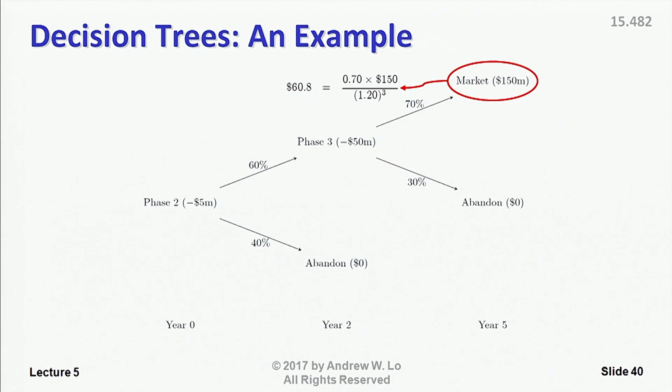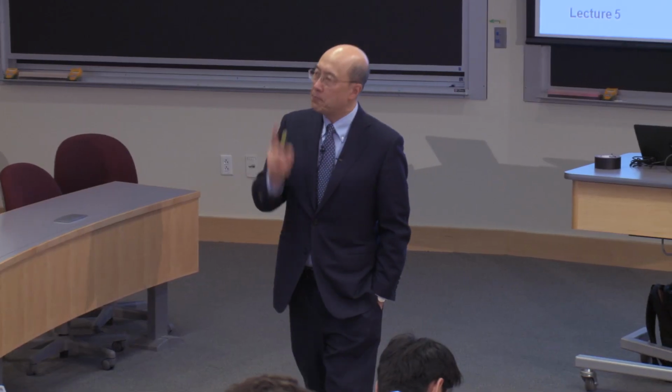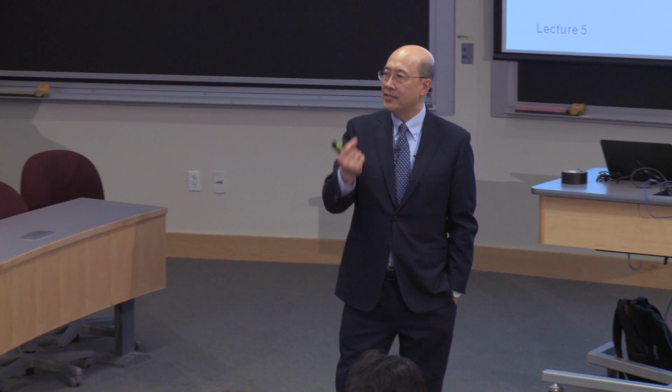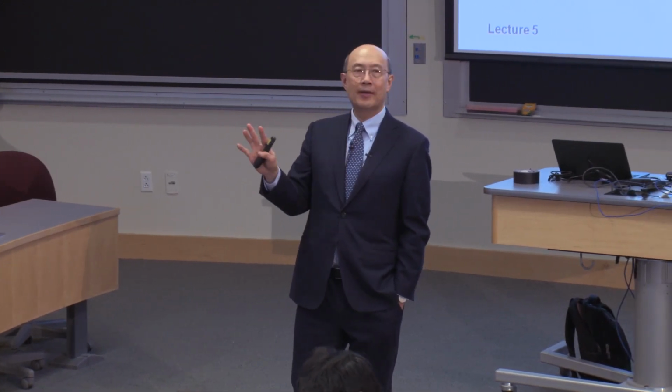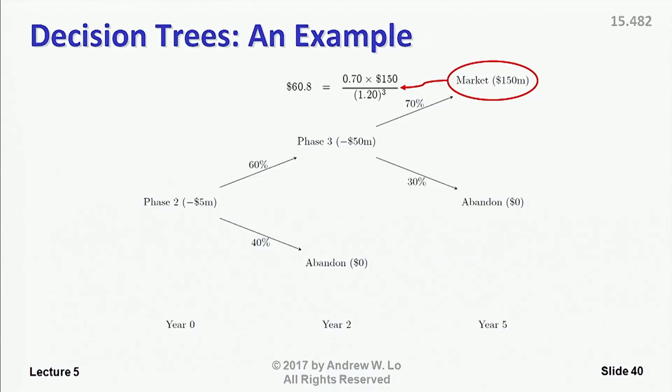All right, 70% times a payday of $150 million, discounted 1.20 to the 3rd power. That gives me the expected NPV as of year 2. Any questions about that? So I've effectively taken this branch and pushed it back 1 level.